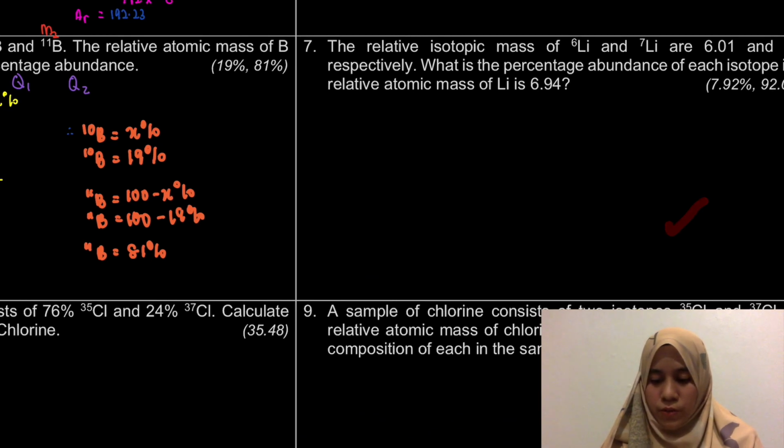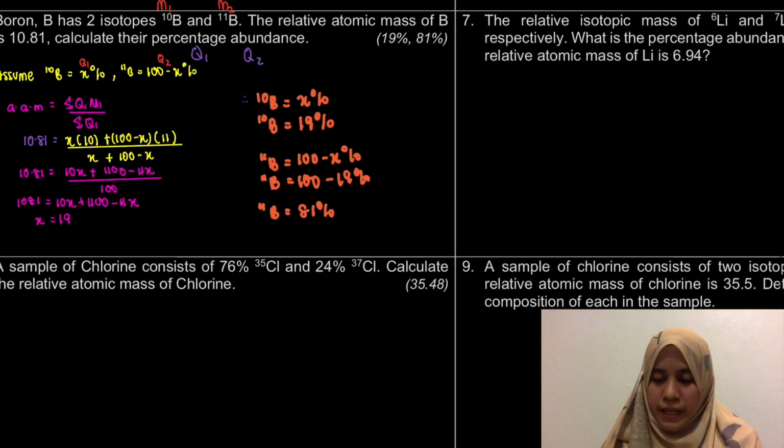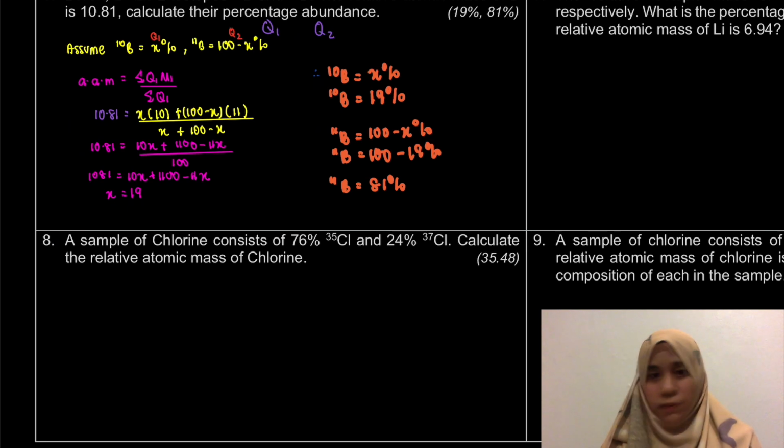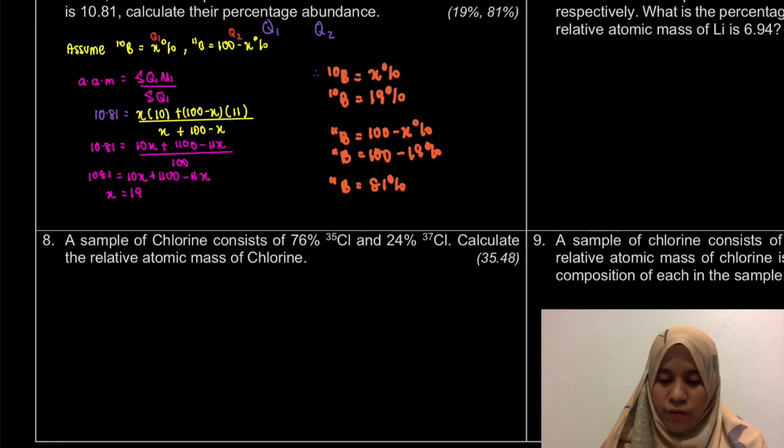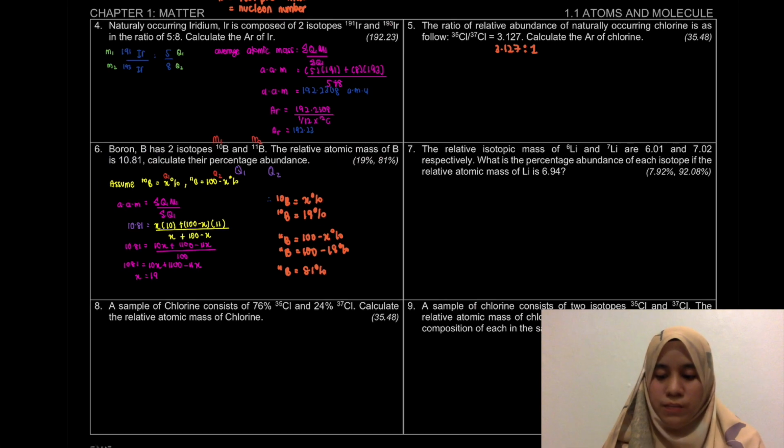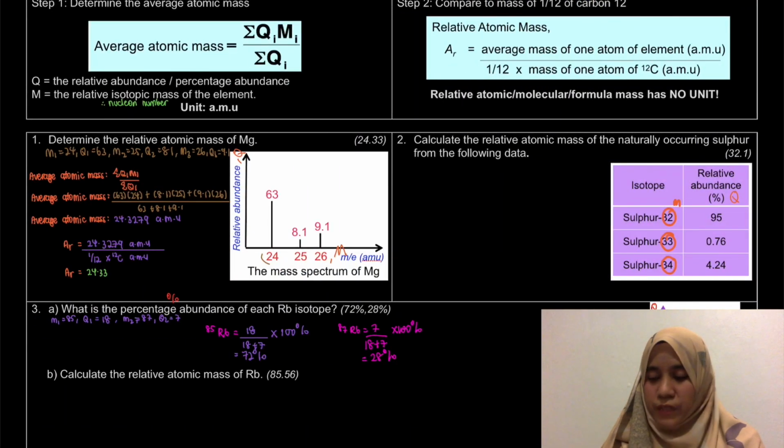Example 7. Okay, so for example 8 dengan 9. So kita tengok, I'm just gonna go through macam tu je. Yang ni pun kamu buat sendiri. So dia bagi a sample of chlorine, dia bagi abundance, dia bagi juga this is actually our mass. So calculate the relative atomic mass of chlorine. So yang ni straightforward saja macam the previous question.